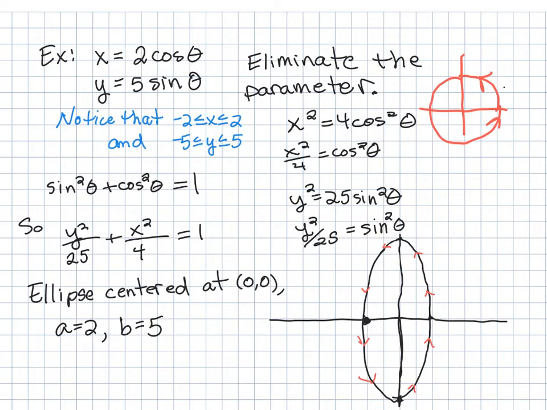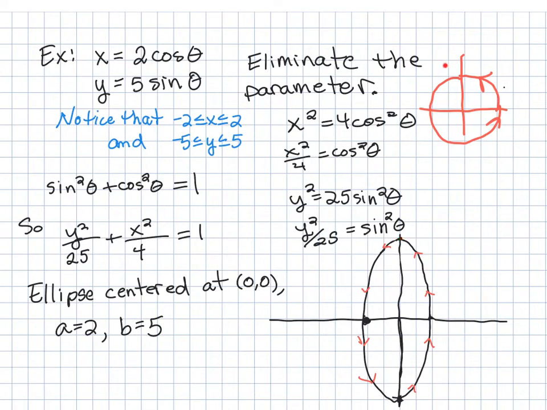Now look at the y value. The y value at 0 is 0, but when we get through quadrant 1, the y value is now up here at 1 times the 5, and we get this point. So we've gone from x being 2, y being 0, through quadrant 1, and it just happens to be quadrant 1 on our graph. It will not always be that way. But now the x is 0 and the y is 5.